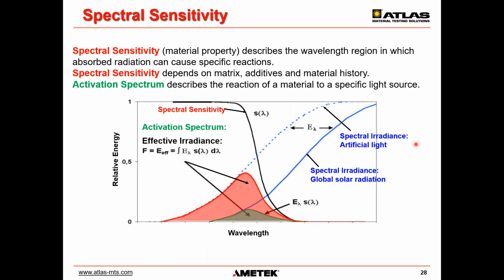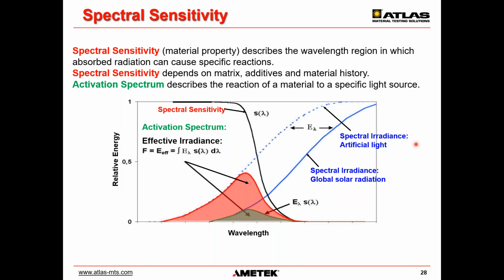The spectral sensitivity of a material describes the wavelength range where the material is sensitive to photons. Typically the material has some spectral sensitivity in the UV. It does not necessarily have to be only in the UV, it can also be in the visible range, especially dyestuffs very often have specific spectral sensitivity in the visible range.